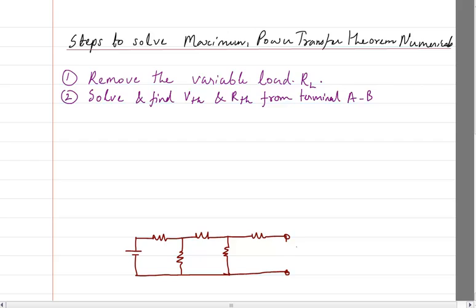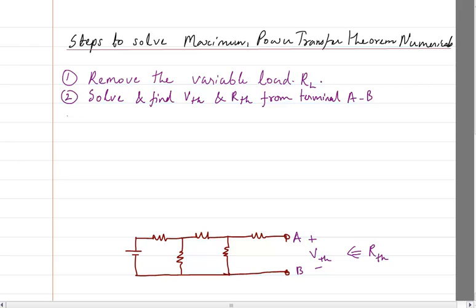So now where is terminal AB? Here, after removing the load resistance, whatever remains, we will have terminal AB. And now what we have to do is find out VTH. So this is going to be plus minus VTH. We have to find that. Similarly, we have to find out what is going to be the RTH.